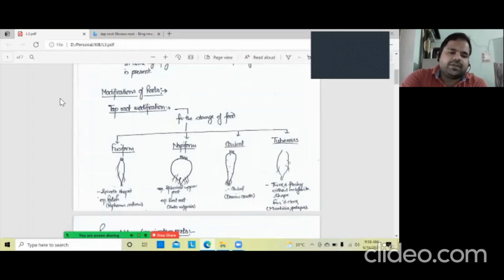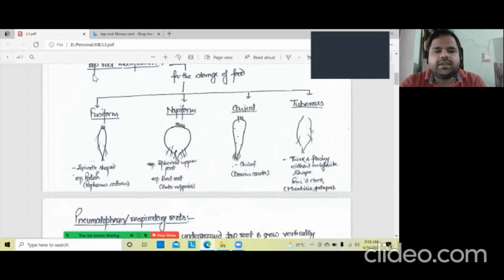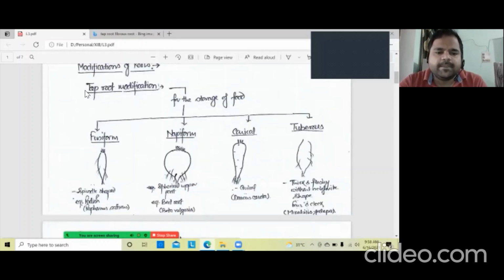The example is radish. The second is napiform. I'll zoom in so that you can see it easily. The second kind of modification is called napiform modification. This has a spherical upper part and is tapered at the other end. The example is beetroot.